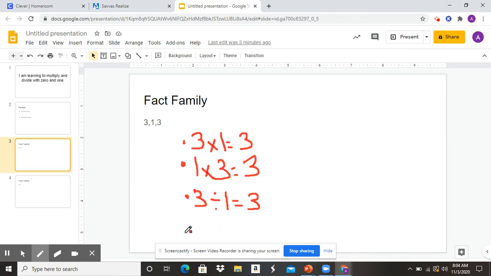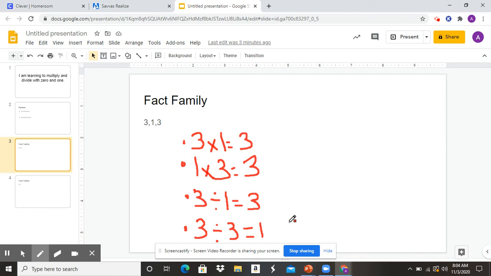Okay. Now, if I take 3 and I divide it by 3, what do you think my answer is going to be? What number am I missing from my fact family there? It's going to be 1. So 3 divided by 3 is going to be 1.